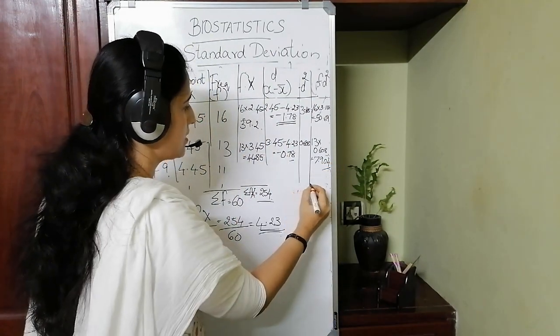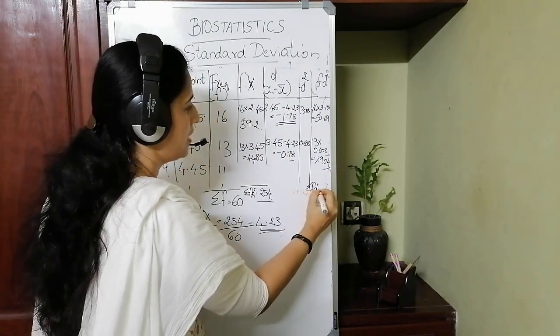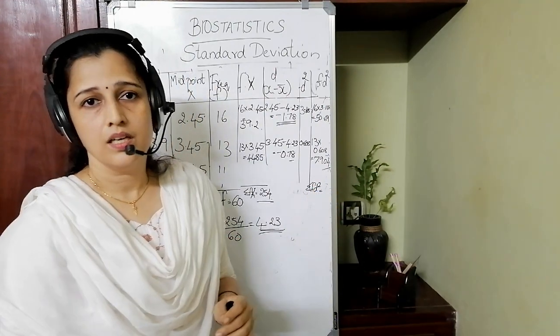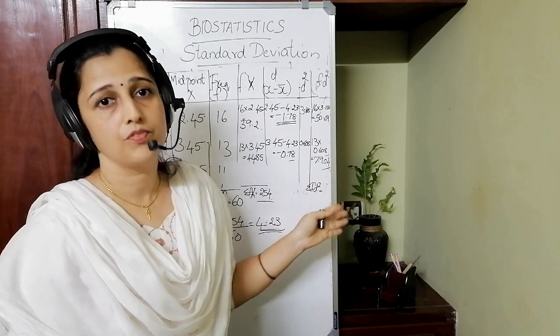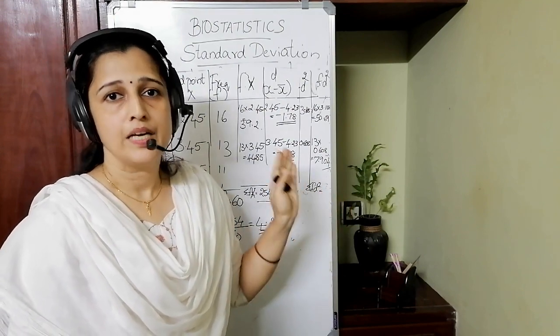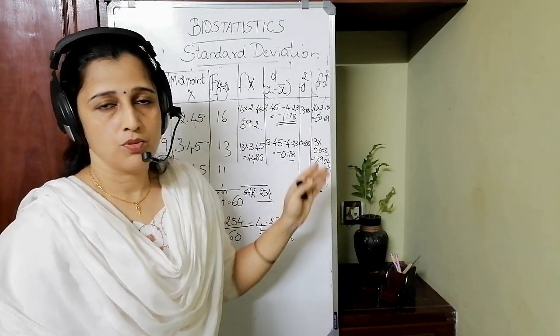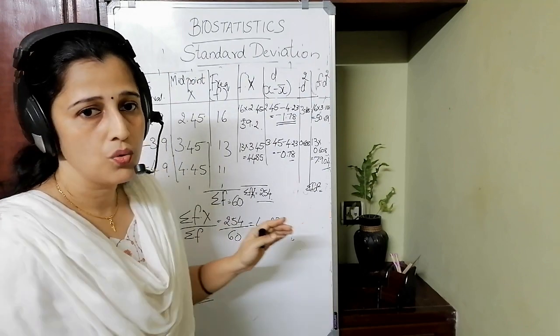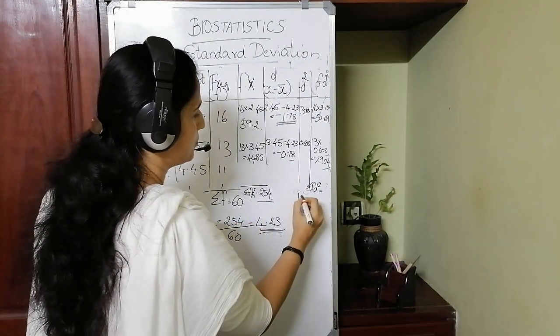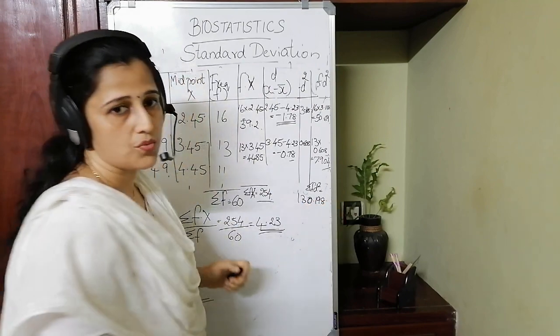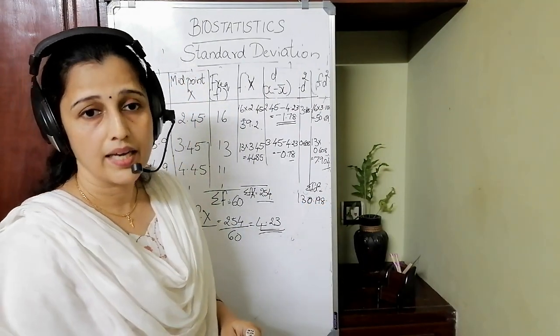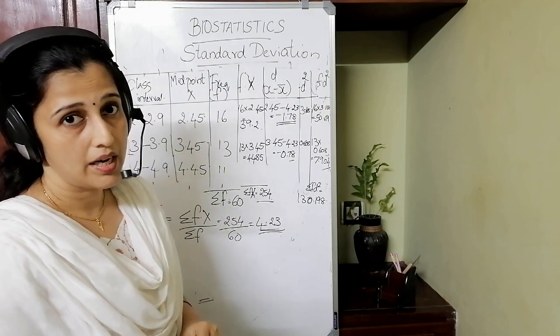The table has to be completed. Sigma f d square: you have to find the sum of all the values in this column, and that will give you sigma f d square. So sigma f d square is equal to 130.198.